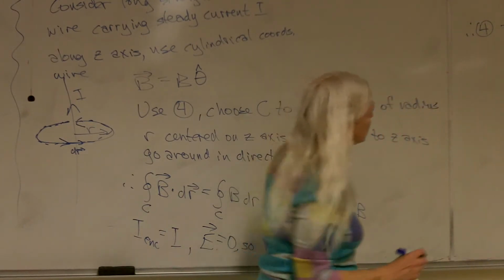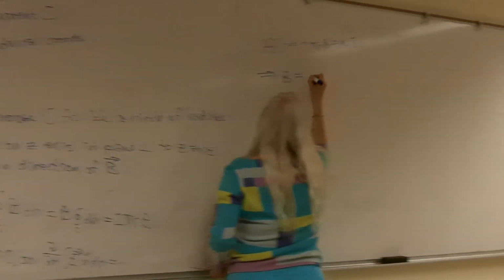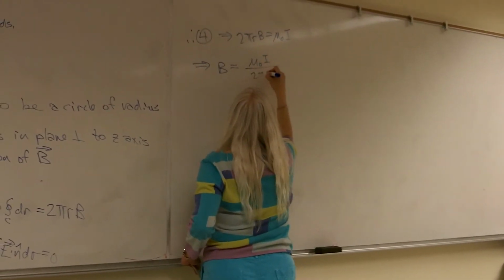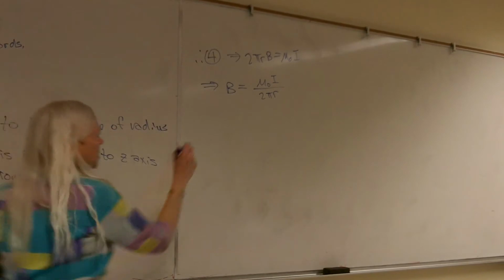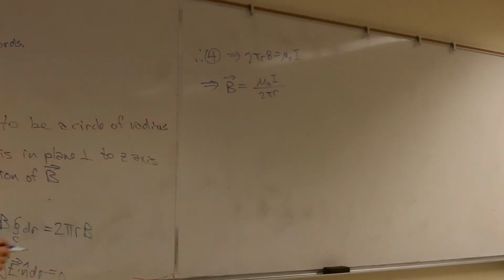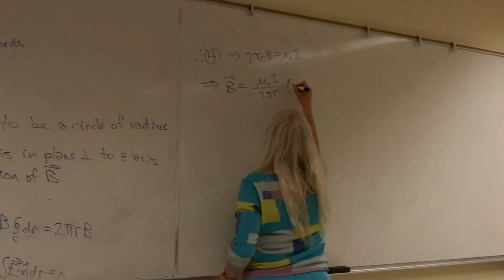So this is it. We can solve for B, and the magnitude of B will be mu naught I over 2 pi r. To specify B completely, we also have to specify its direction, and as we've already noted, it is in the theta hat direction.